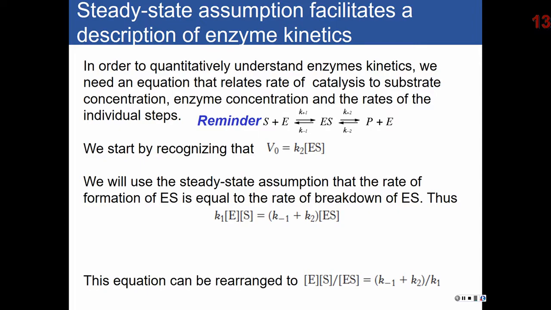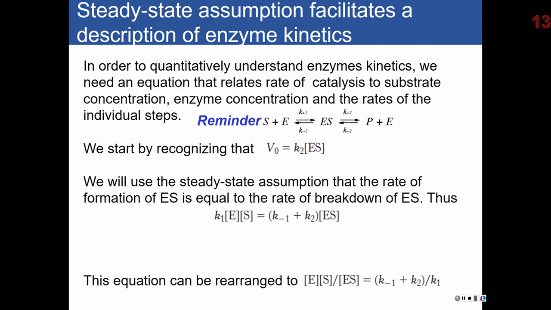So V sub 0 is equal to K2, right here, times the concentration of ES. So that means that we've got the concentration of the transition state times the rate constant at which that transition state converts over to the product. And that's going to be V sub 0.